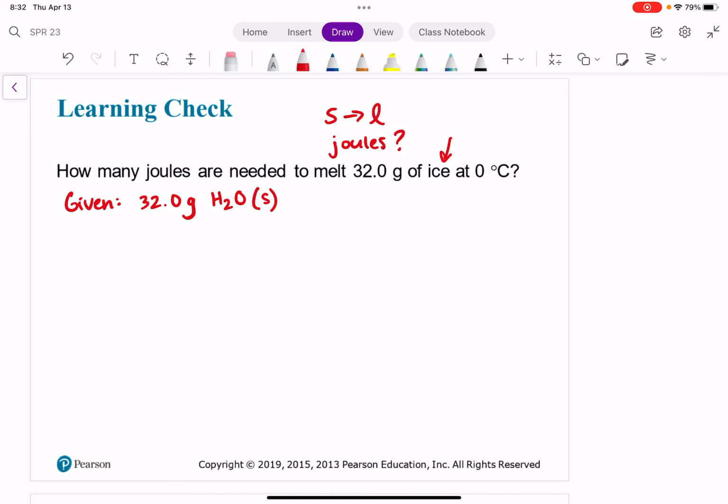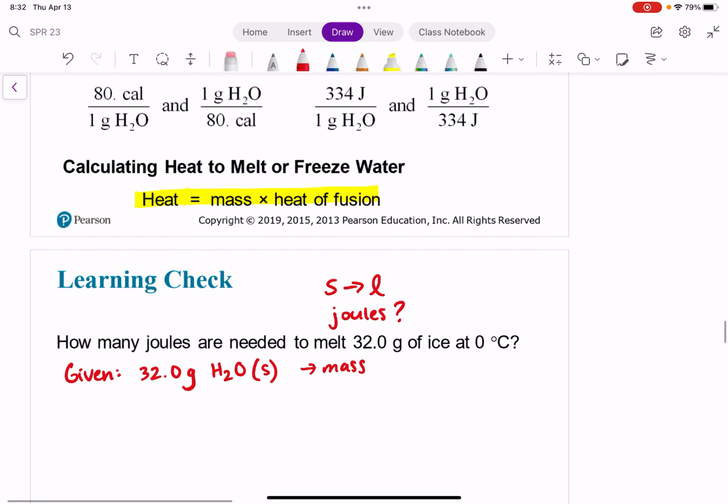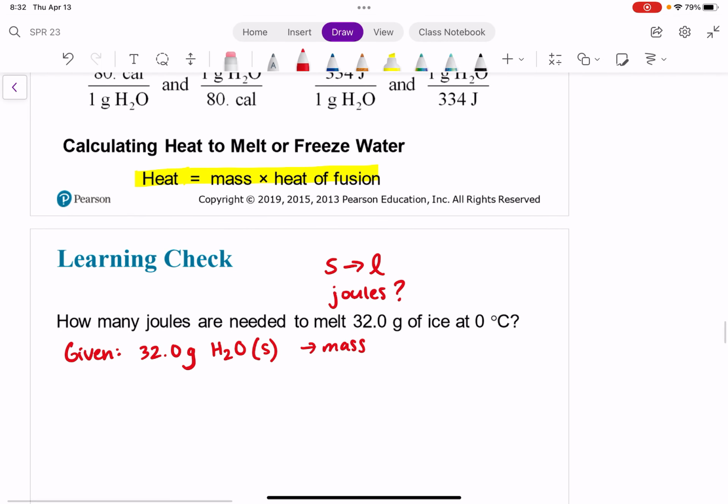If this said water, what would you represent it as? Yeah, it'd be H2O with an L. Usually when you just say water, instead of ice or water vapor, they're talking about liquid water. So we're given 32 grams of H2O. That's a mass, right? And we want to know the number of joules.